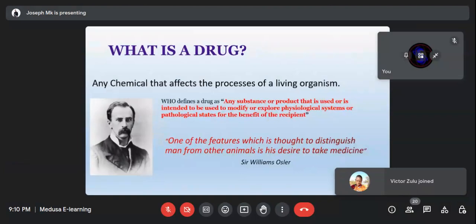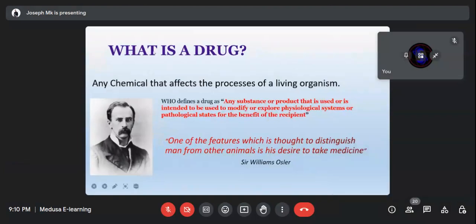Now, in a case where you take a drug like paracetamol and then it gives you an undesirable effect, by undesirable effect, it may be side effects like vomiting, maybe rashes, or maybe just organ failure. Those are some of the undesirable effects that a drug can cause to you. But you did not take that drug so that you can have an organ failure.